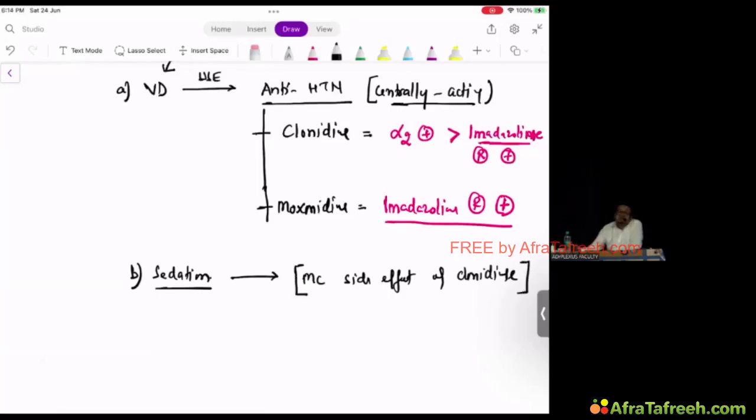What problem does it cause? Sedation. Which drug is acting in CNS, decreasing BP but not acting on alpha 2? Moxonidine. So which problem will be less with moxonidine? Understood? Moxonidine has less sedation. That is the advantage of moxonidine.